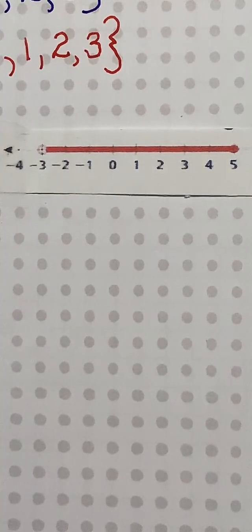Julian is saying -3 is less than x, less than 5. Close, Julian, because you're doing a mixture of inequality and interval notation, so it's got to be one or the other. Welcome in, Jen, thank you for stopping by.